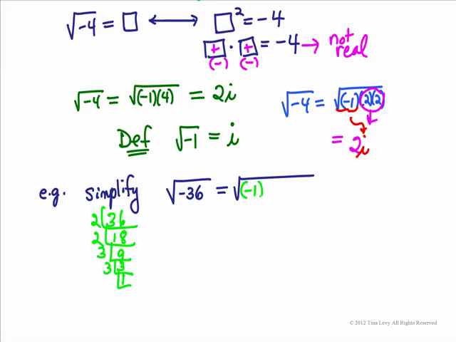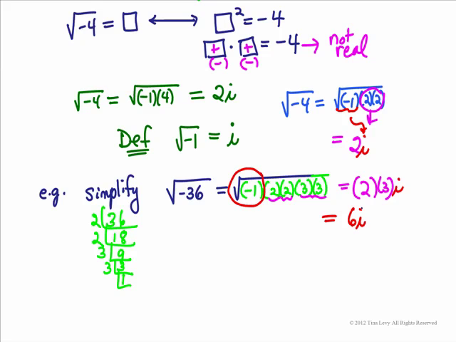So I have a negative 1, and then I've got 2 2's and 2 3's. Working the same way, out would come a 2, out would come a 3. They broke out. But the square root of negative 1 breaks out, but it's not a real number, so we call it i. So this is the number 6i.